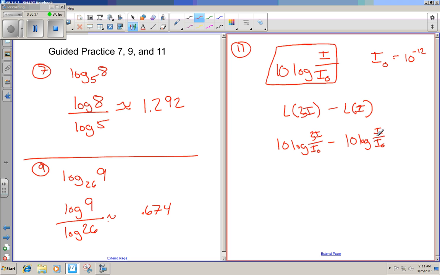And basically, we need to do some simplifying here. We need to try to condense some of this information. And there's a lot of ways you can go about this. You will probably recognize that there is a coefficient here, and that you could rewrite this as a power if you wanted to.